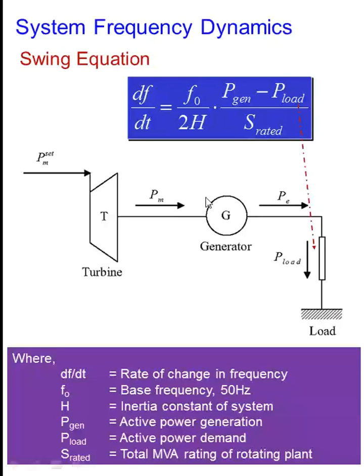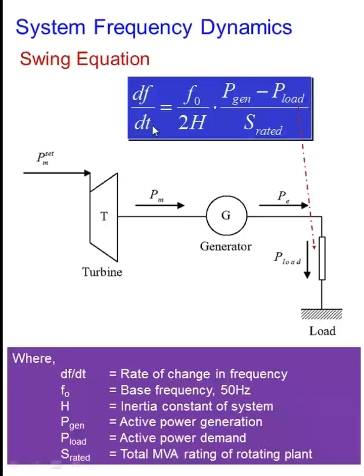Then the power from the generator side, then the power on the load side, and this is the apparent power, the rated MVA of the turbine generator unit. So we have this division in the term so that we have the rate of change of frequency in per unit form.